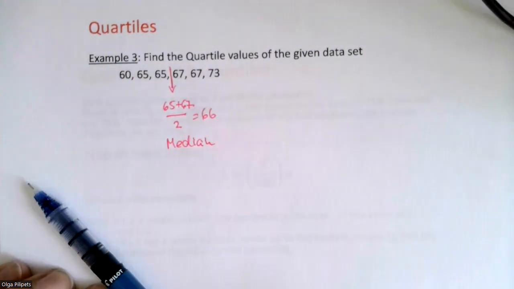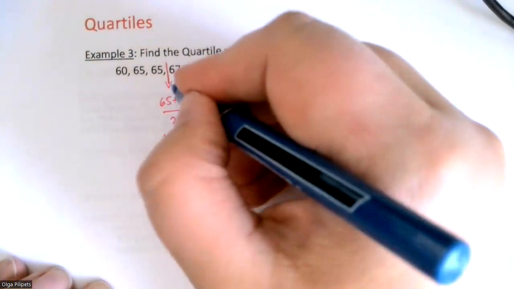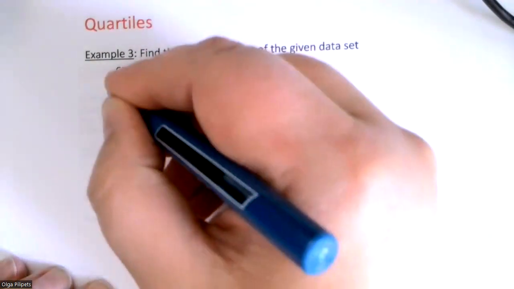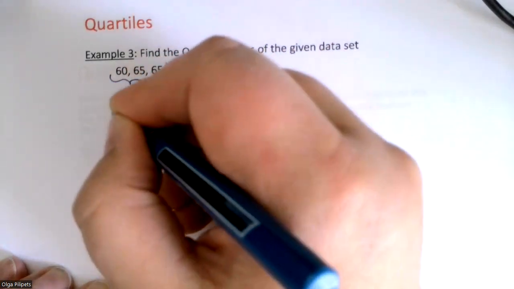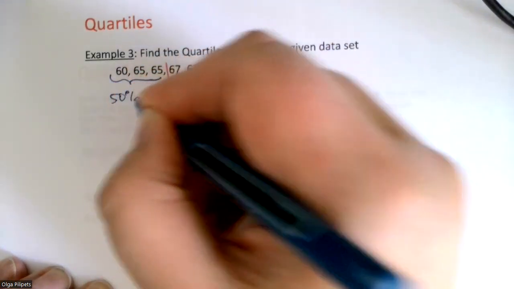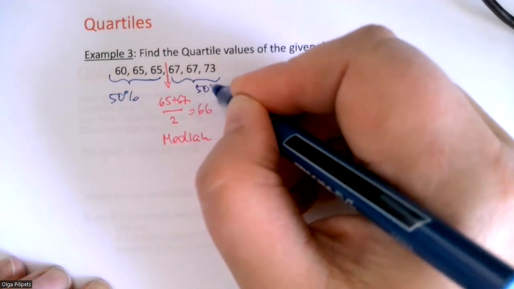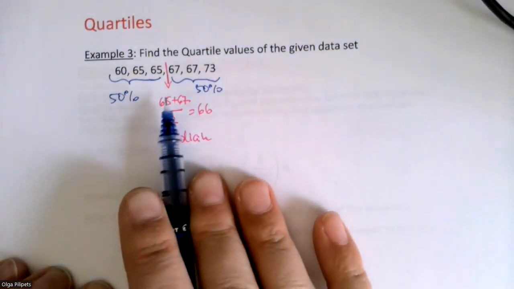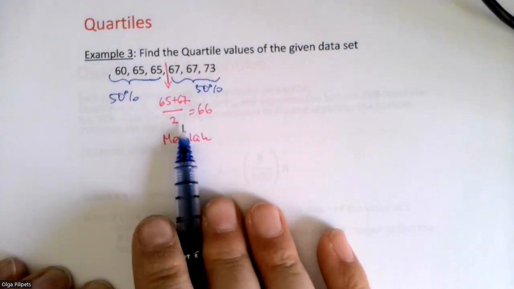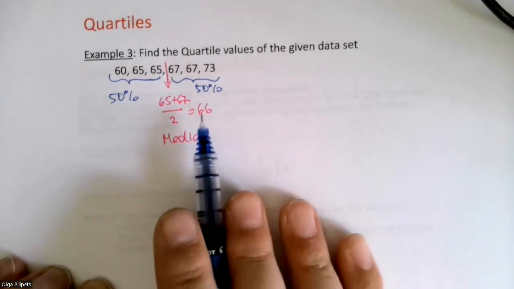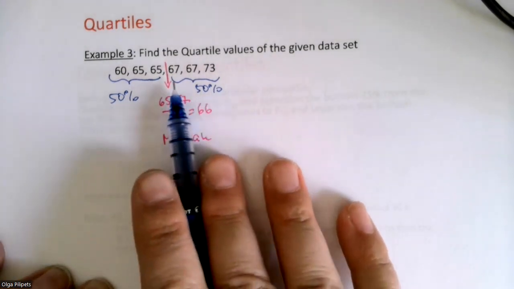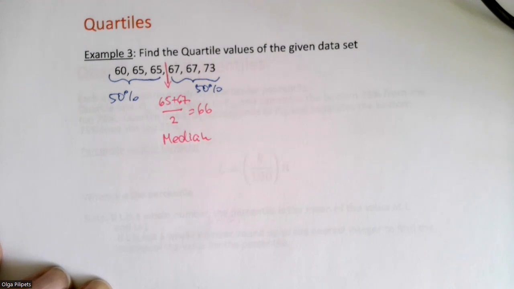And we also said that the median divides our data set into the bottom 50% and the top 50%. So 50% of our data lies directly below the median, and 50% of our data values are above the median.